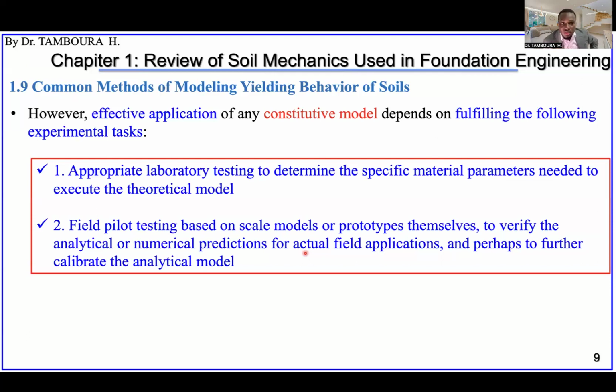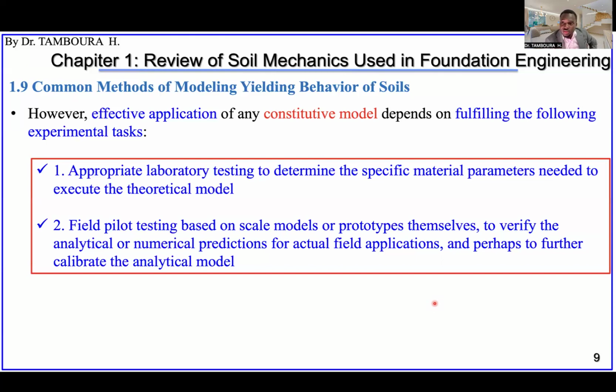That's why we are talking about calibration. Okay, calibrate the analytical model, something like that. Do you understand? So it means numerical model needs lab testing and sometimes field testing also.